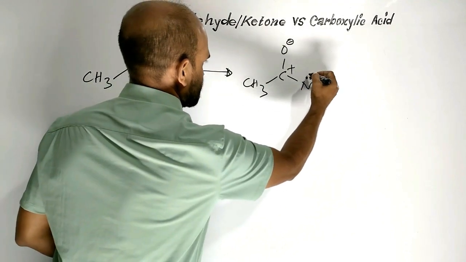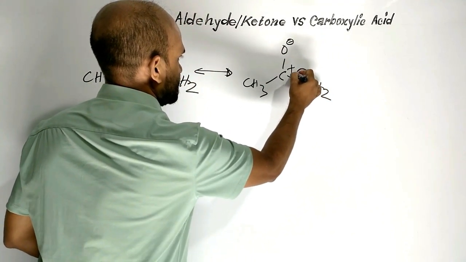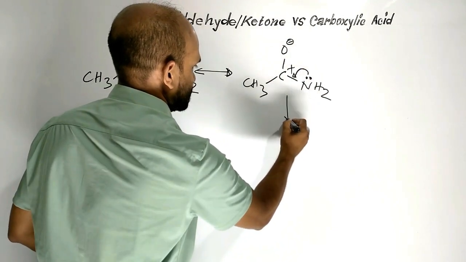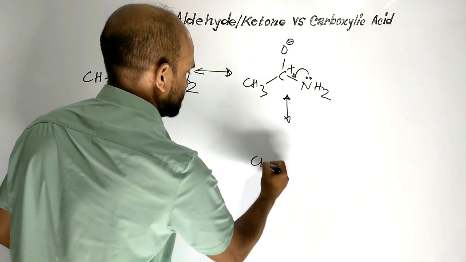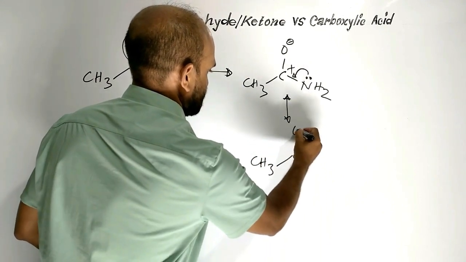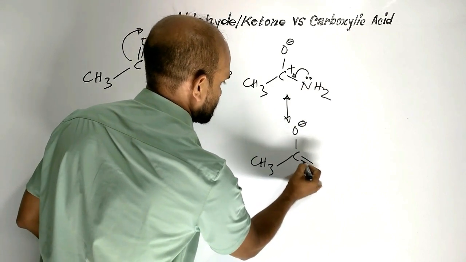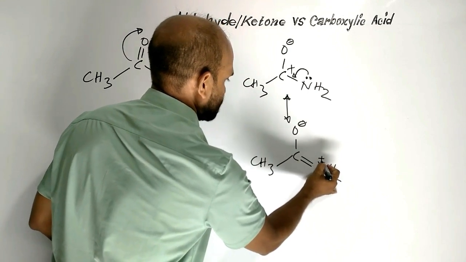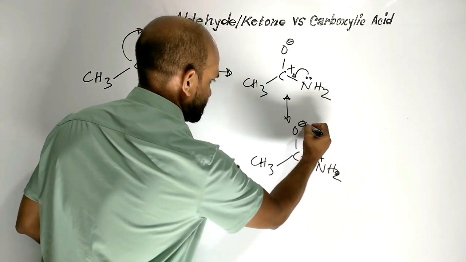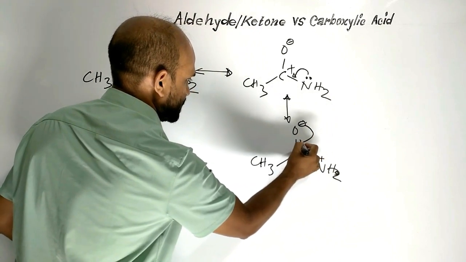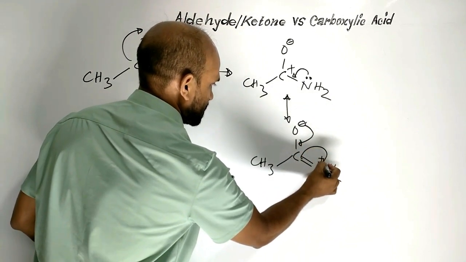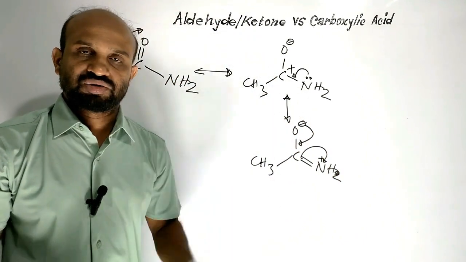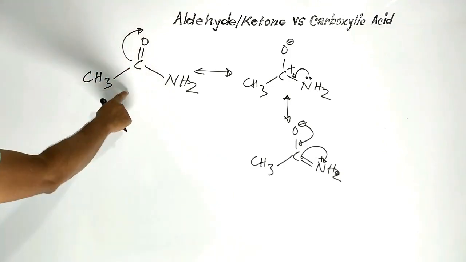These lone pair of electrons turn into a bond pair and positive charge shifts over nitrogen to form this structure: oxygen with negative charge, carbon nitrogen double bond, nitrogen with positive charge. Again, these lone pair of electrons turn into a bond pair. This bond pair of electrons turns into a lone pair. That is, this structure is obtained. These are the resonance structures of ethanamide.